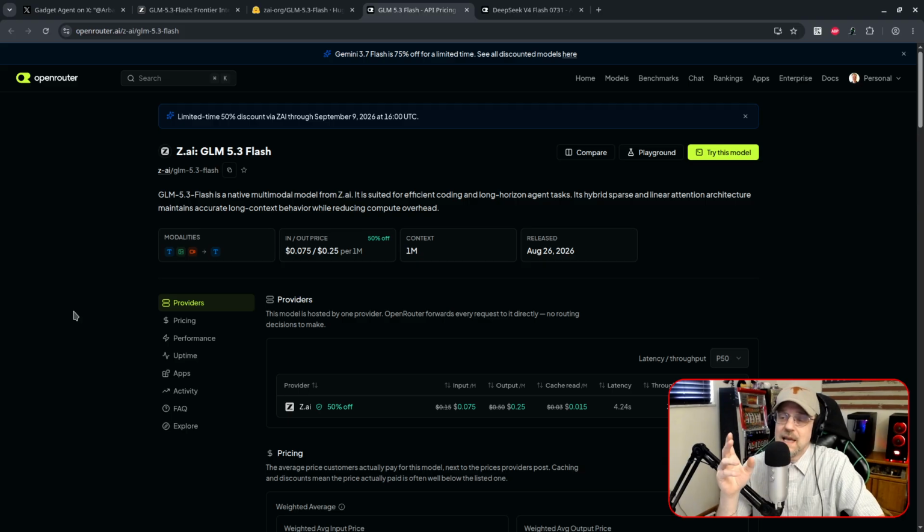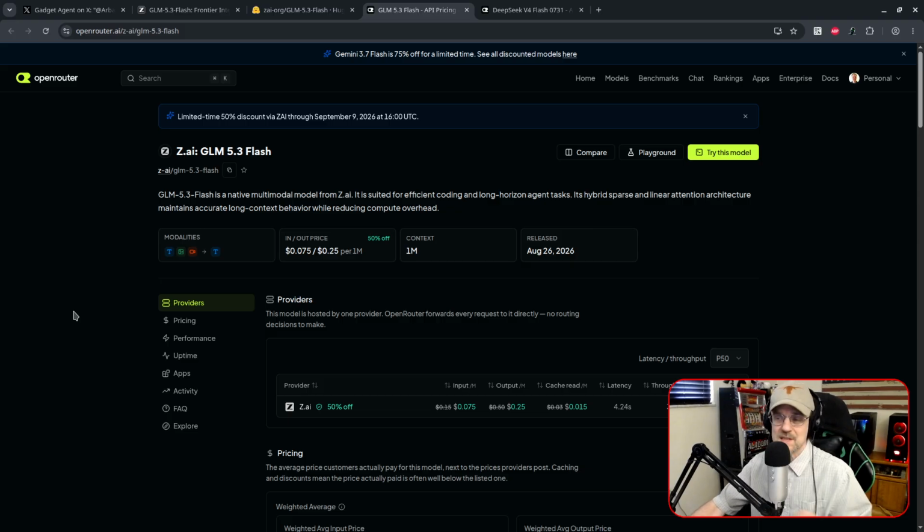I get it. The pricing, at least right now on OpenRouter, is a 50% discount introductory price of basically 7.5 cents per million input, 25 cents per million output. Again, those numbers will double. This is currently a 50% off introductory price. So that's going to jump to 15 cents per million in, 50 cents per million out. Still incredibly affordable.